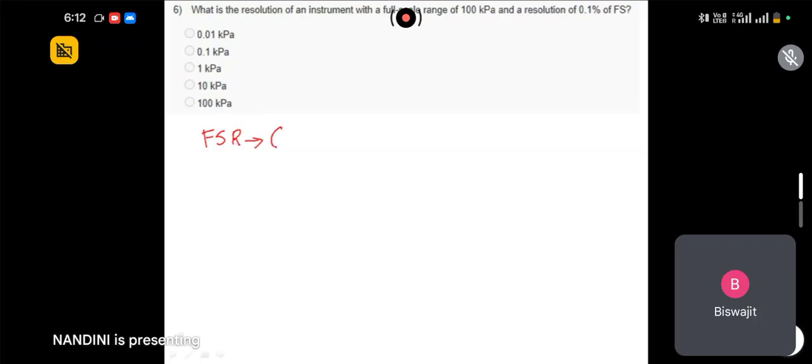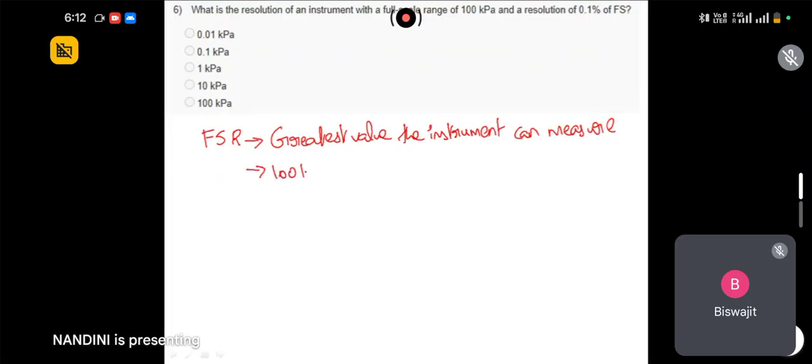The greatest value, or the maximum value, the instrument can measure is given by the full scale range. So here the full scale range is given as 100 kilopascal.